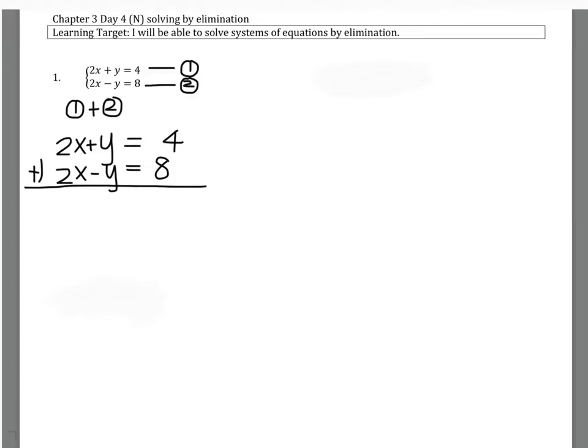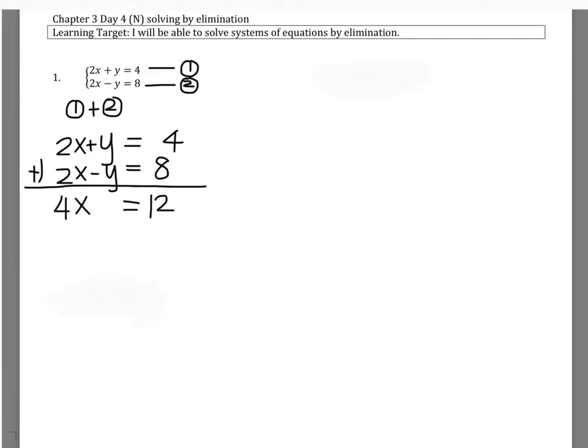As you can see, 2x plus 2x, I have 4x. Y plus negative y, it's gone. It's being eliminated. Have I achieved the goal of eliminating one of the variables? Yes, I did. And on the right hand side, 4 plus 8 is 12. So 4x equals 12.